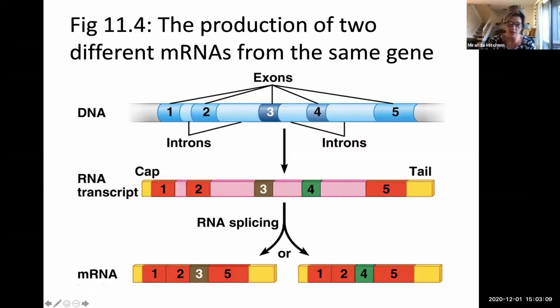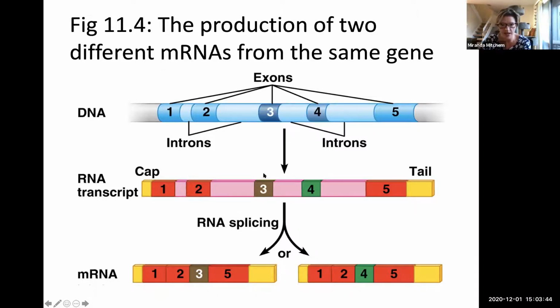Now, what happens with the splicing, notice that this transcript, this messenger RNA that is on the left side, has the exons of genes 1, 2, 3, and 5. So what has happened is when splicing happened here, it took out the 4 gene. It spliced it away with the introns. Alternatively, on the right side, we have 1, 2, 4, 5.